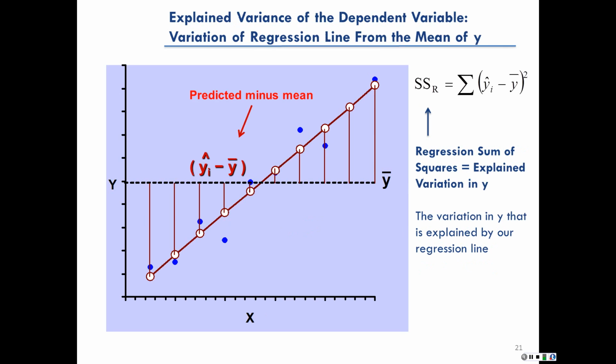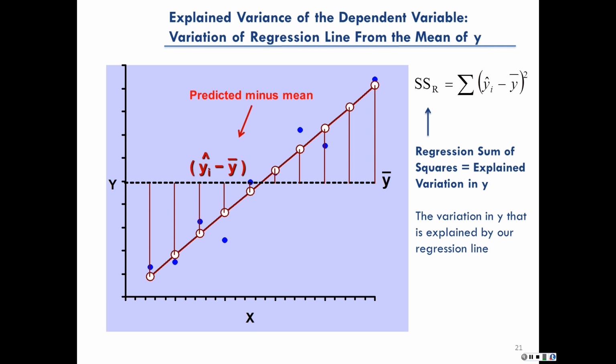So let's talk about the explained variation. This is the explained variance of the dependent variable y, which is also the variation of the regression line from the mean of y. In the graphic there, the regression line is the red line that increases from the origin on an angle, and the mean is again the dotted horizontal line.